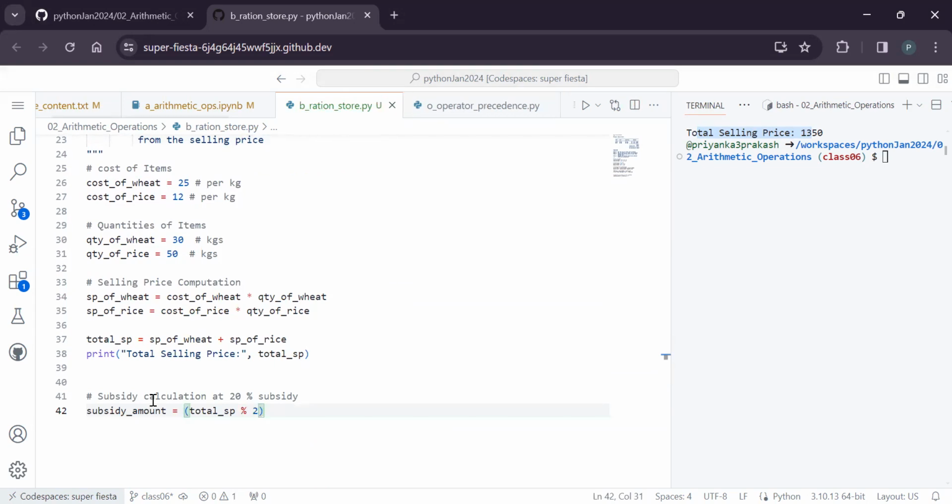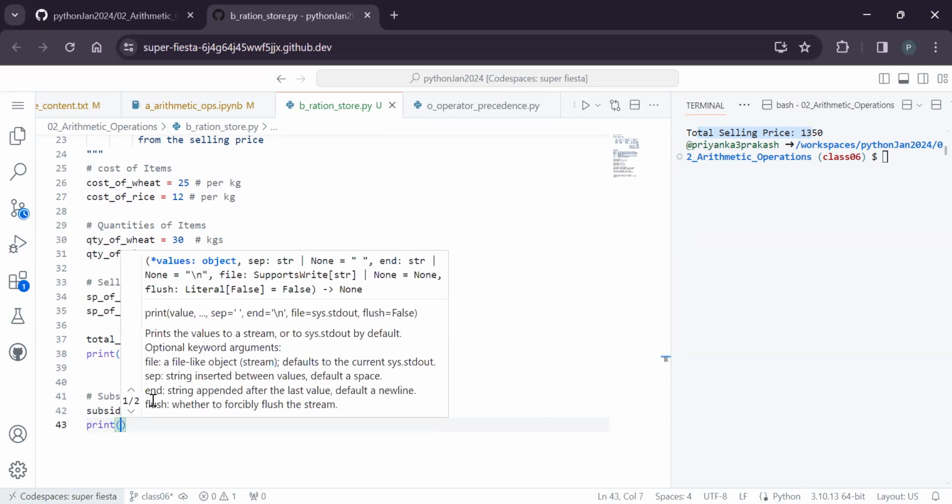So 20 by 100. Either you can do 20 by 100 like this, or either way. So you know the concept of PEMDAS, right? So first it will be done like this, or if you place it like this, then first it will divide. Whichever you do, that is the concept of PEMDAS as I told yesterday.